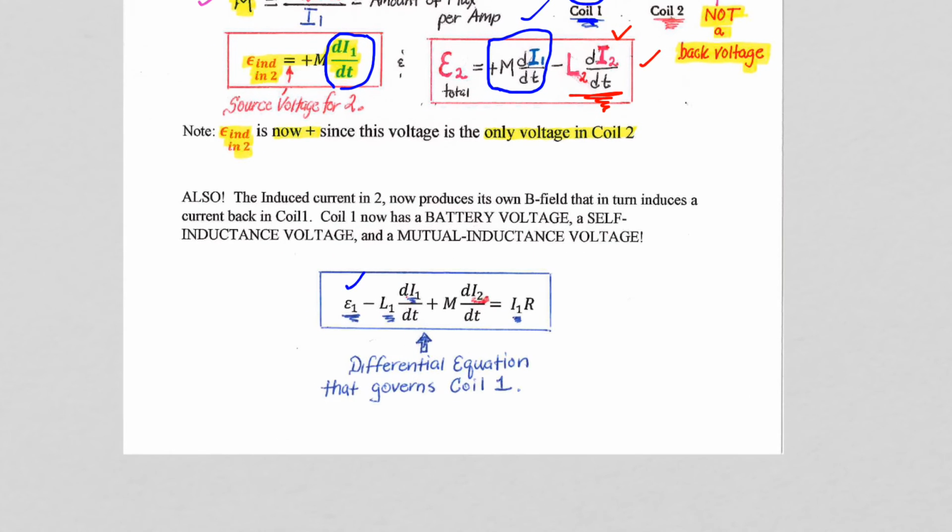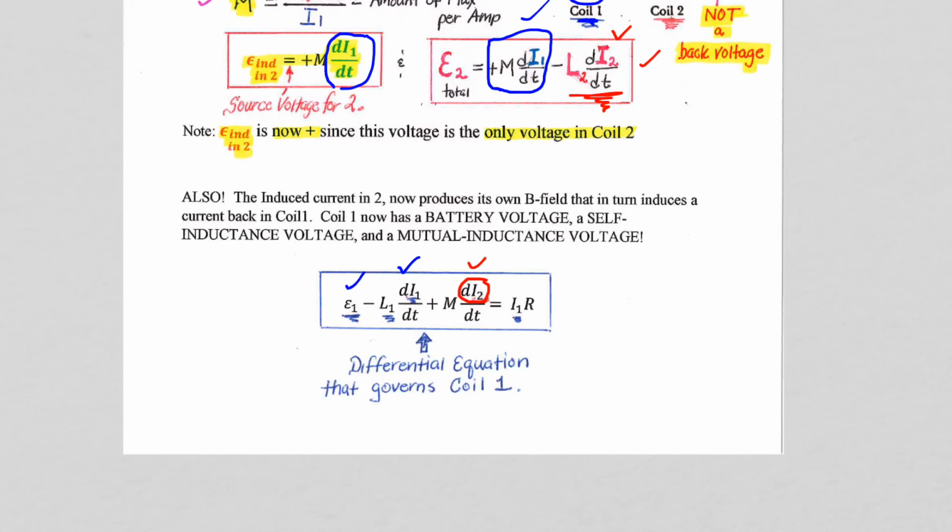We have a primary effect on coil 1, which is the self-inductance that coil 1 generates due to the fact that it's a coil, and Lenz's law applies to that coil. And then we have a secondary effect in coil 1: when the B field in coil 2 becomes present, it bounces back and affects coil 1.